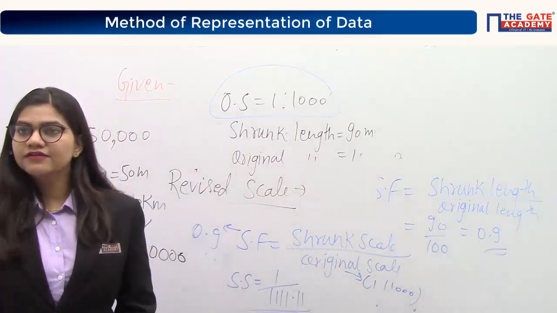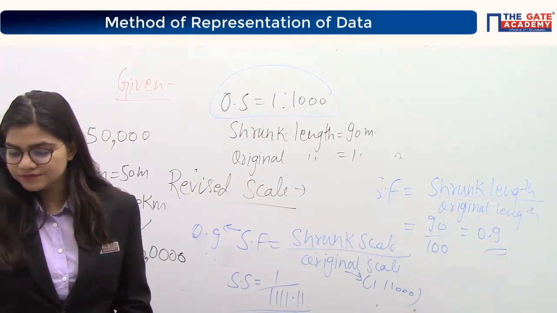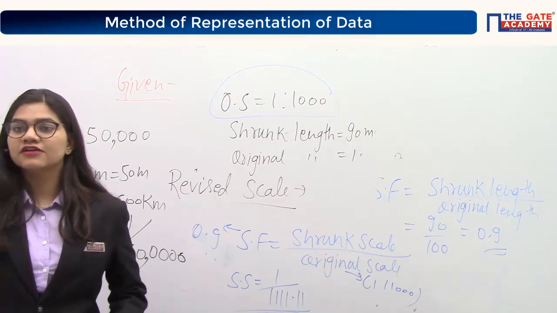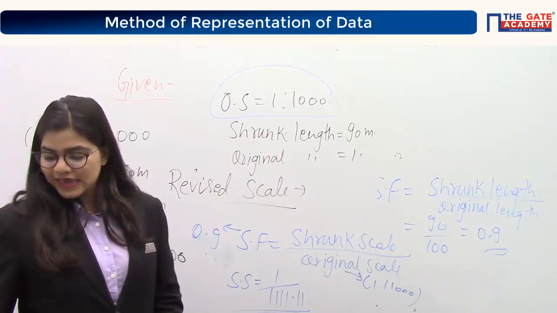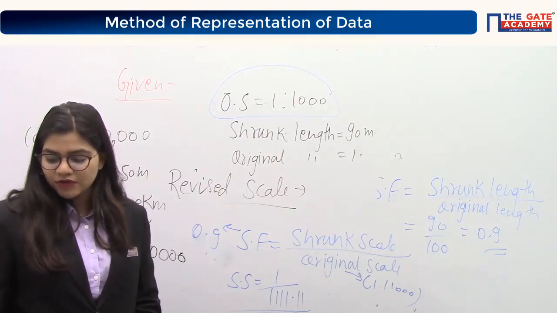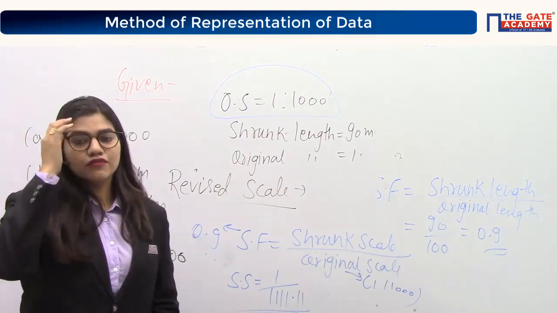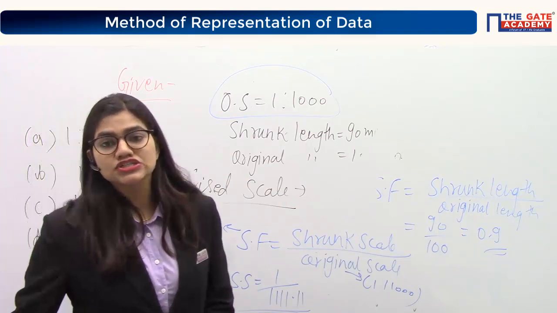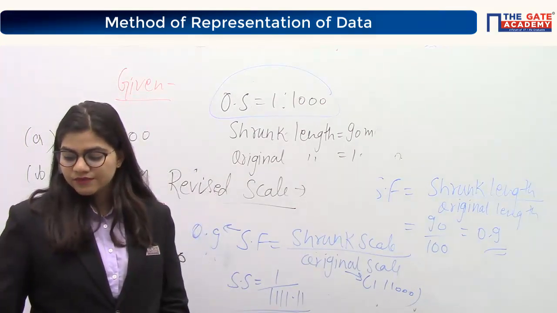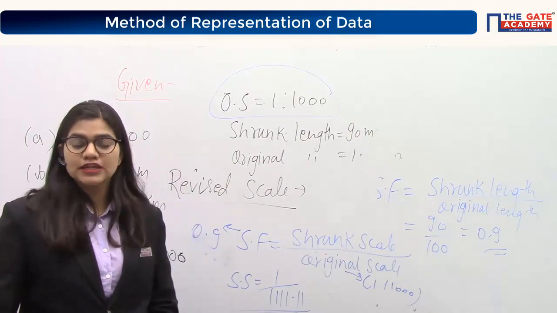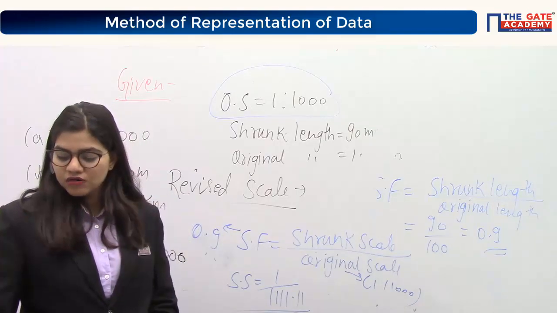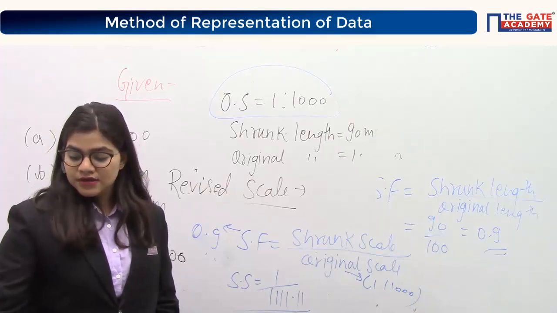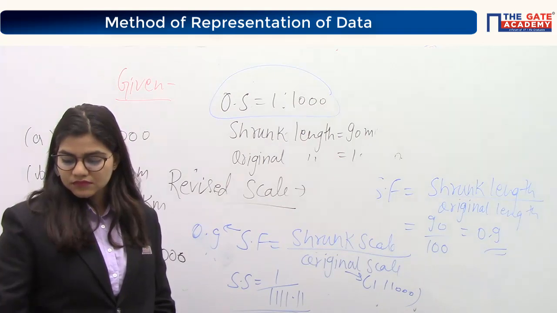Very good. Now write one more question. The question is, the plan of a survey plotted to a scale of 10 meter to 1 centimeter is reduced in such a way that a line originally 10 centimeter long now measures 9 centimeter.